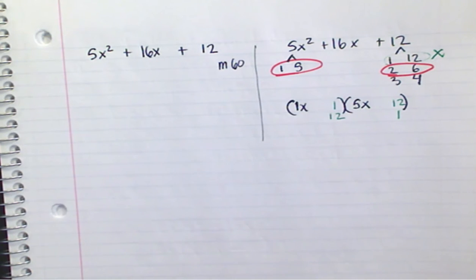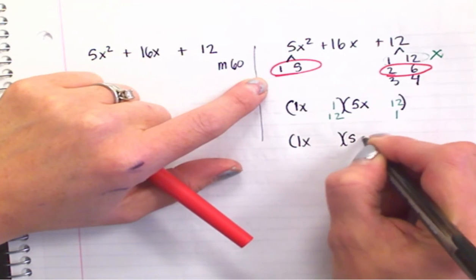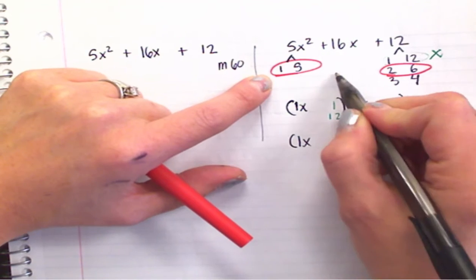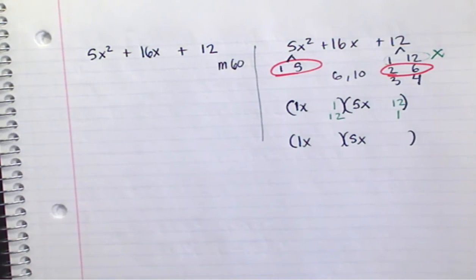Those are your numbers. Okay, so 1x and 5x. I need to get 6 and 10. Just going to write my numbers here. I need to get 6 and 10, add to 16.